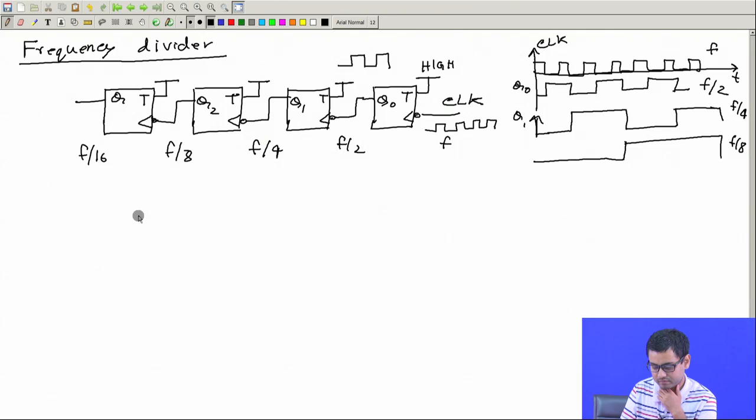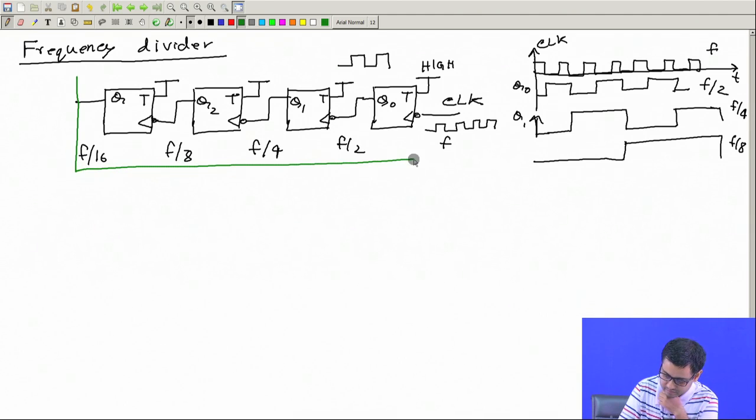Now, this is also a modulo 16 counter. If you think of it as one unit, instead of thinking of it as a combination of 4 units, just think this is 1 unit. This is the input and this is the output.